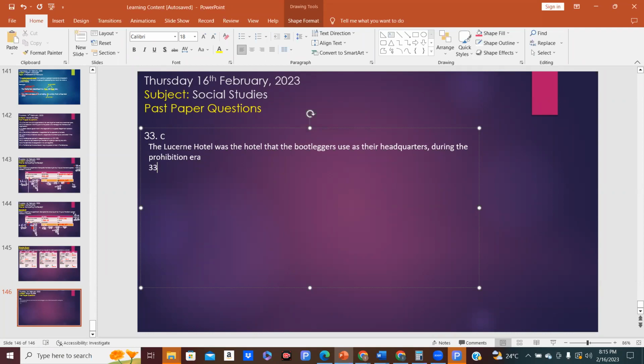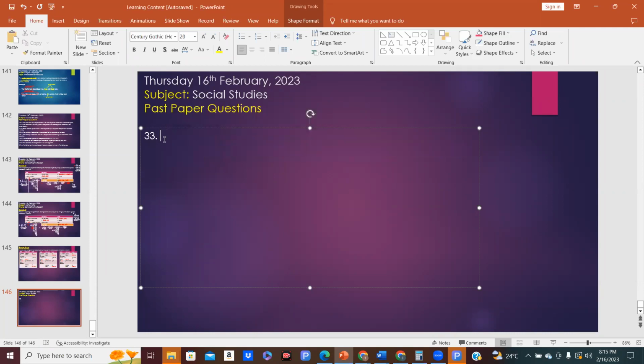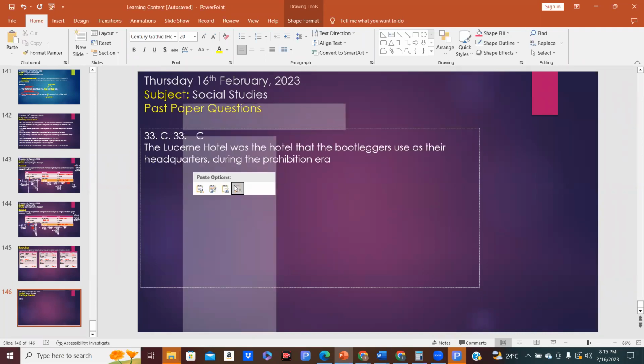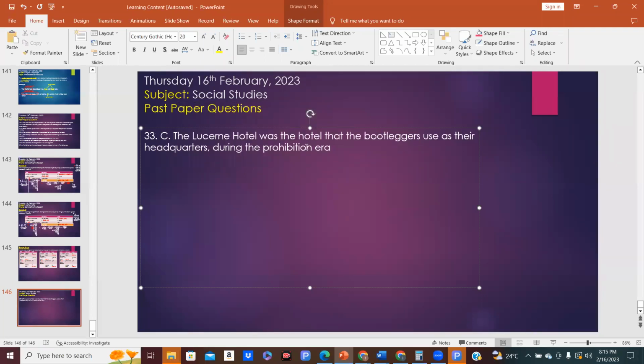Number 34. Give me one moment. So the Lucerne Hotel was the hotel that bootleggers used as their headquarters during the Prohibition era.